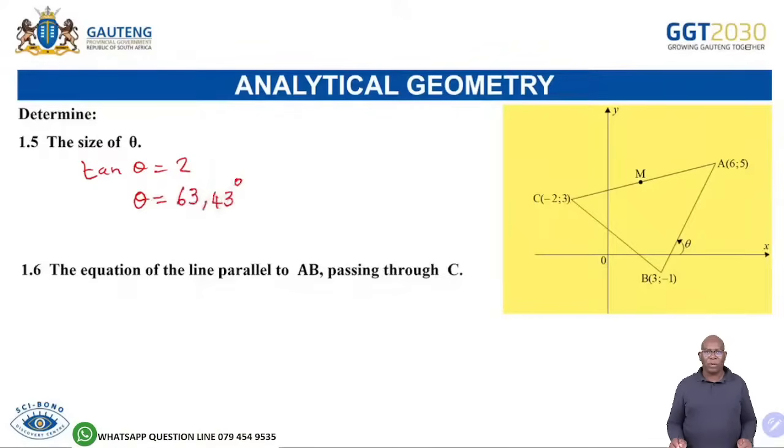And that is what you're going to get. Can you check the angle now? The angle here says it's 63.43. If it's 63.43, does it make sense? Yes, that angle is less than 90 degrees. It makes sense. 63.43 makes sense.